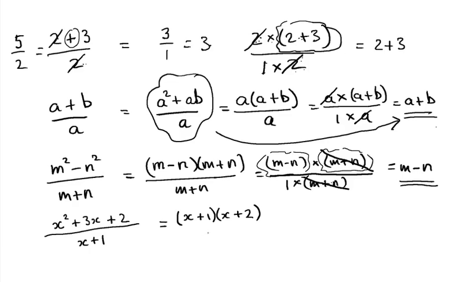Firsts are x squared, outsides 2x, insides 1x. That gives you the 3x, and the lasts 1 times 2 gives you that 2. So there are now two factors on the top. x plus 1 is one of them, x plus 2 is another one, and there's one factor on the bottom, 1 times x plus 1. So we divide the top expression by x plus 1 and the bottom expression by x plus 1, and we're left with x plus 2 over 1, which is just x plus 2.